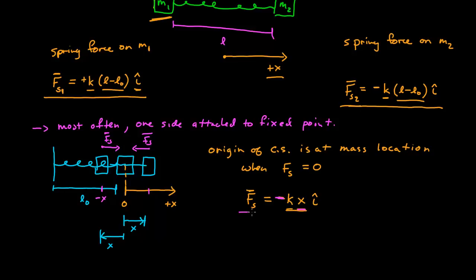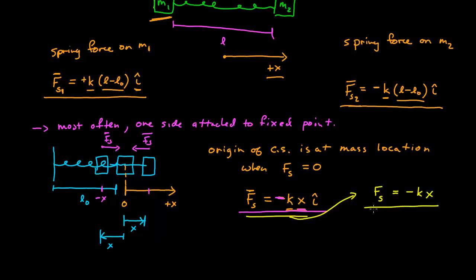So our spring force can then be represented by this vector relationship. Now we can note that since this is all one dimension, we can just work with the components of this force. And if we just look at the components, then the x component of the spring force is just equal to negative the constant k, called the spring constant, times the value of x.